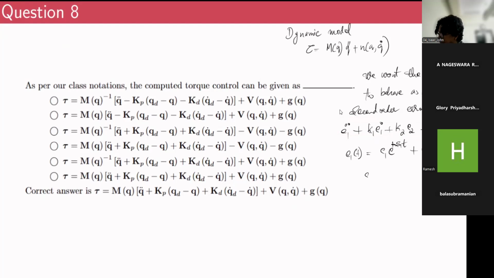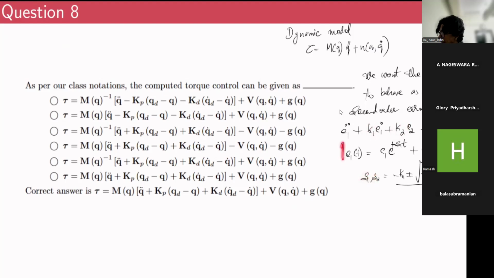Right? Where S1 and S2 are nothing but minus K1 plus or minus the root of K1 squared minus 4 K2, all divided by 2. So if your gains K1 and K2 are positive, the roots of this quadratic equation, S1 and S2, are going to be negative.